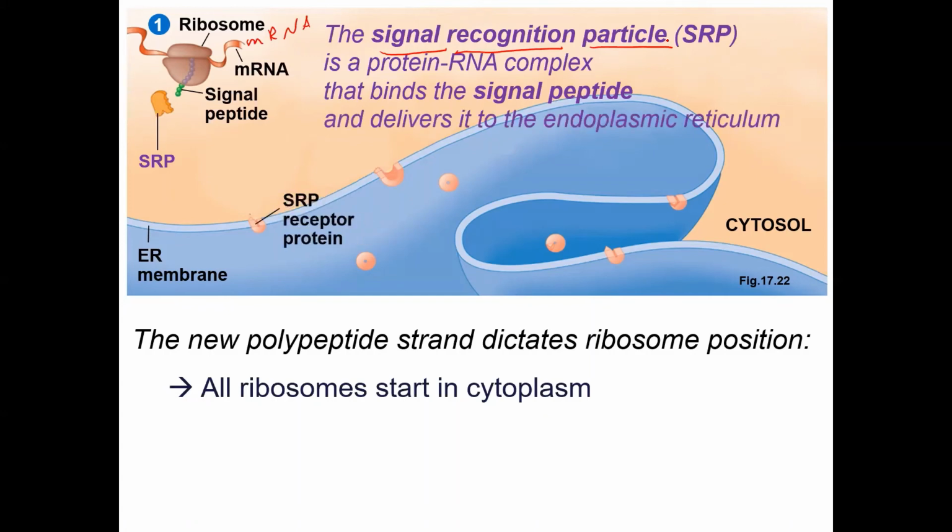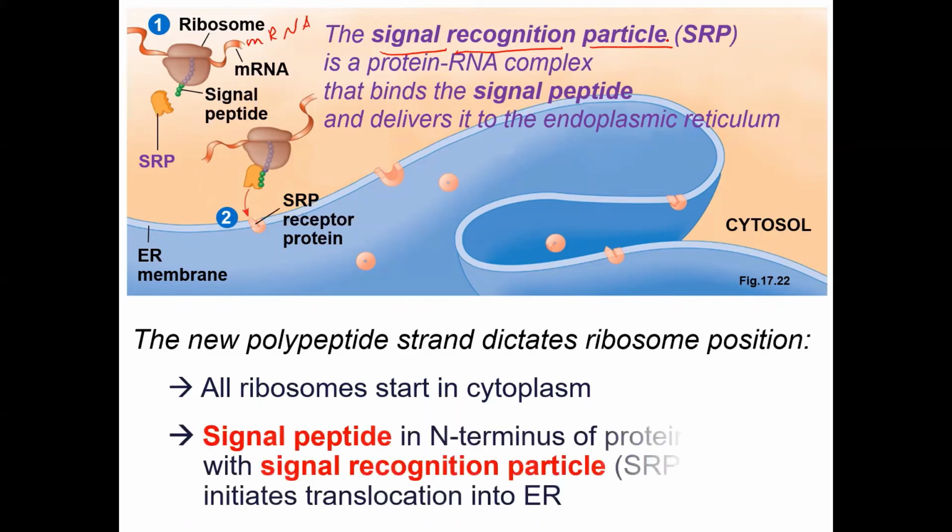The endoplasmic reticulum has receptors on it, and those receptors are designed to bind the SRP, because the SRP is going to bind that ribosome and bring it over to the ER. So there's the receptor, grabbing onto the ribosome and the protein that has started translation.